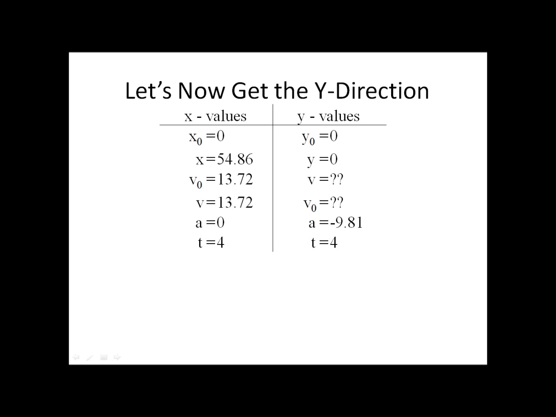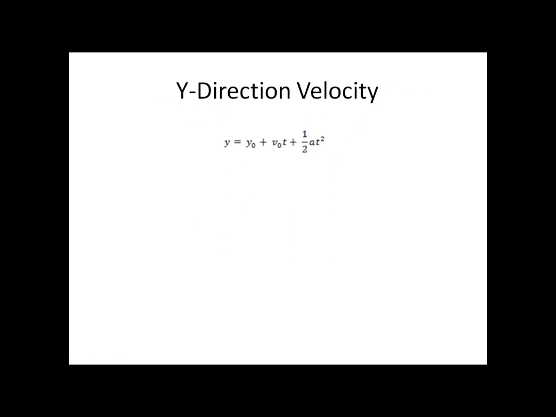Now we need to get the y direction initial velocity. We've gone ahead and updated the table. Since the acceleration in the x direction is 0, both the initial and final velocities for the x direction will be the same. Y direction velocity. Same strategy, except now we're using y values. 0 equals 0 plus v initial times 4 plus 1/2 times negative 9.81 times 4 squared.